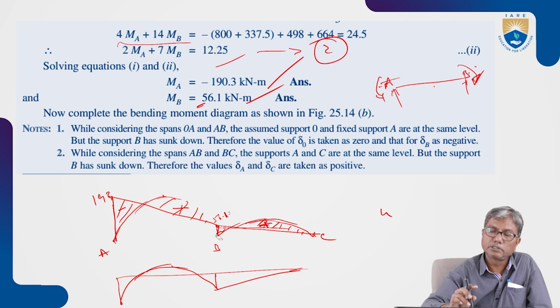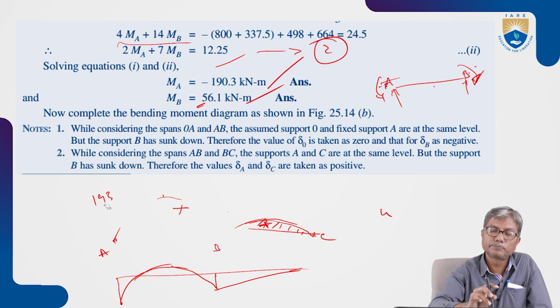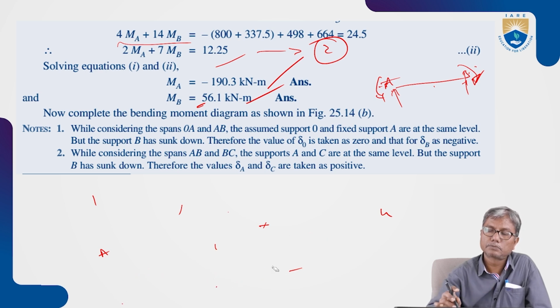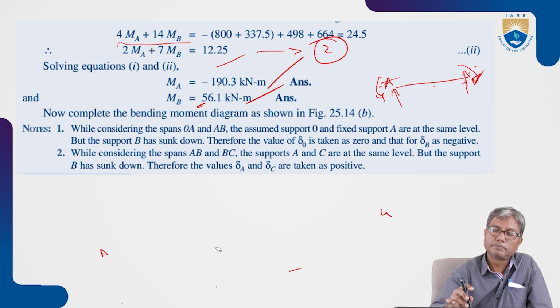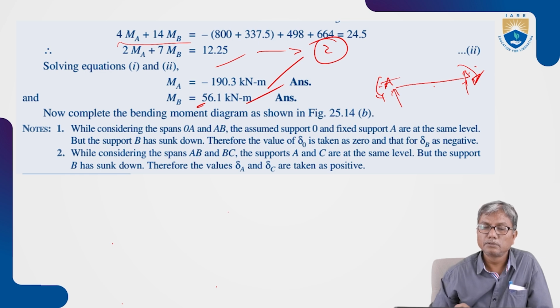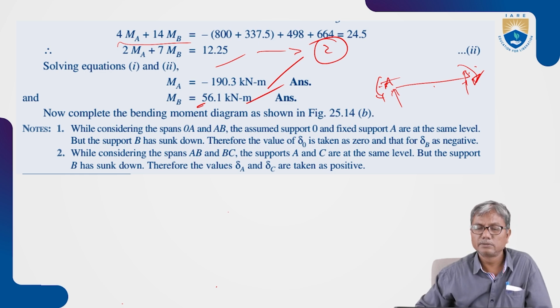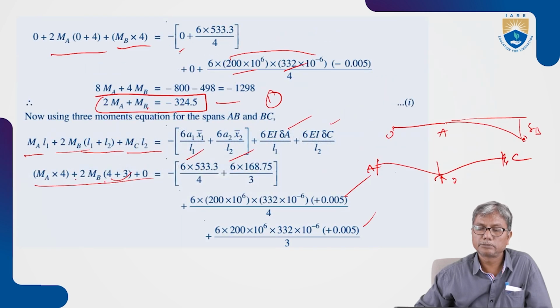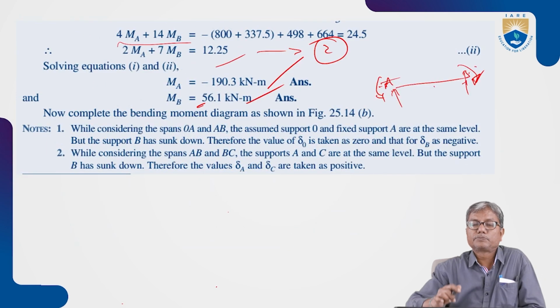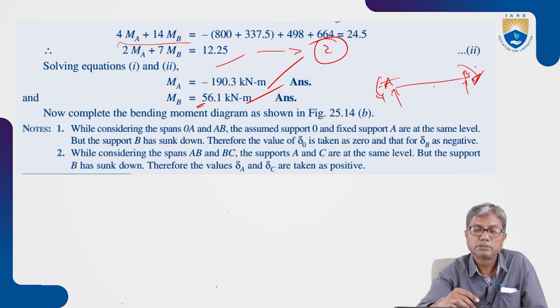I think we made a mistake here. Correct that one. Bending moment diagram. This minus or positive. B is positive. 7MB.